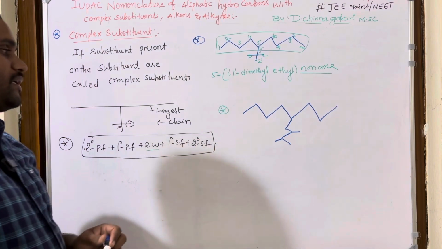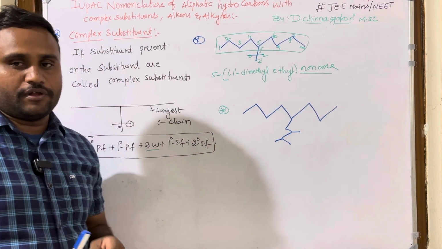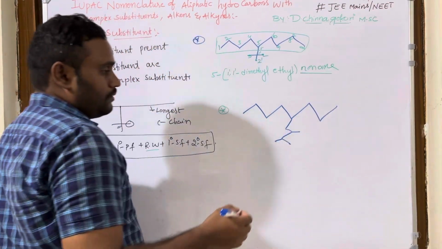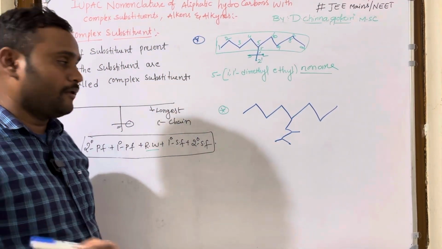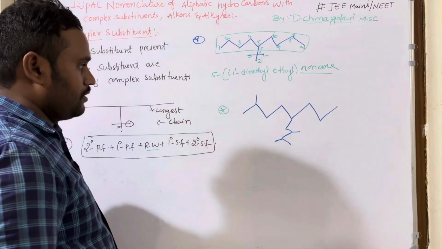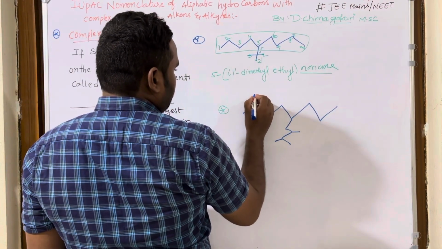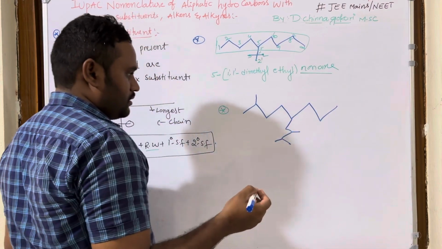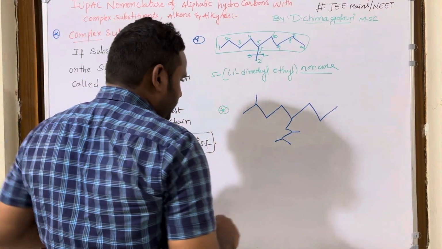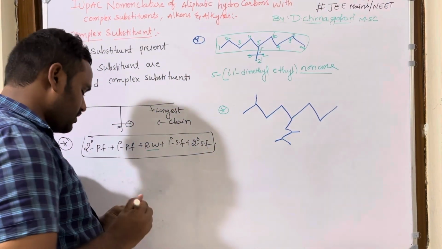Okay, now let us consider such an example here. Now we should give the numbering. Let us consider here also; we will take one more substituent. Now let us give the numbering in all possible directions.